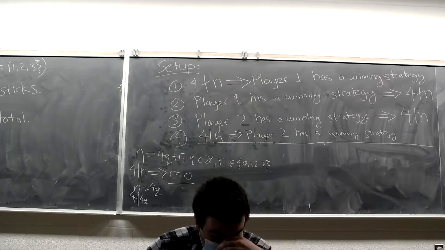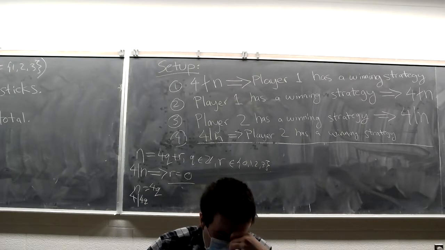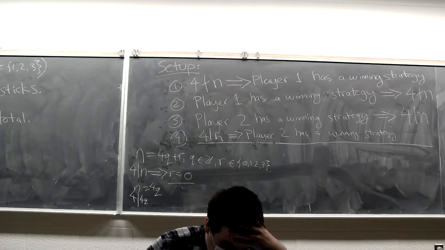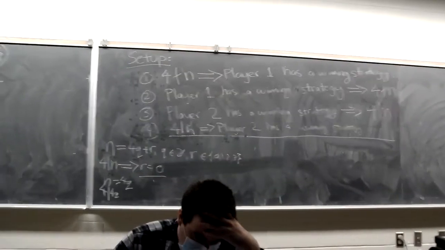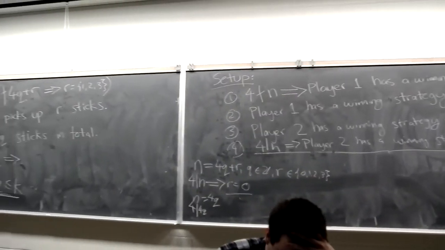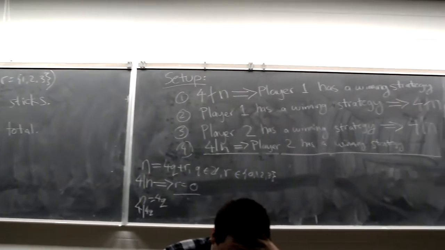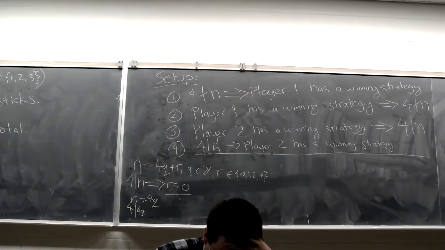Nola had a question. When you're doing 1, you were saying that 4 divides 4q and 4q is less than or equal to k. Would 4q plus r be less than or equal to k for the other one?